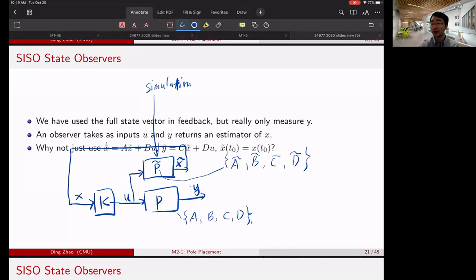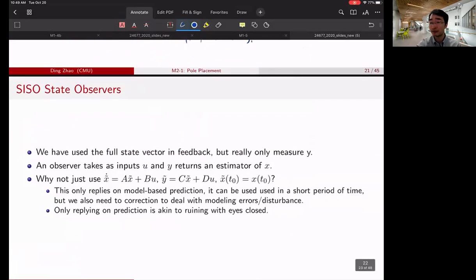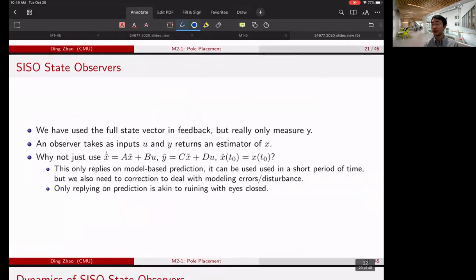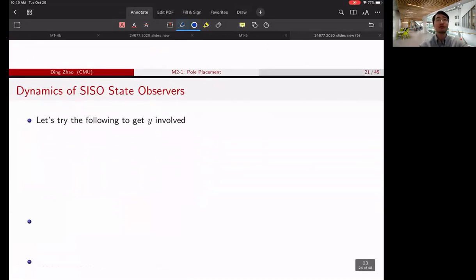So we want to modify this a little bit. What we do is as follows.